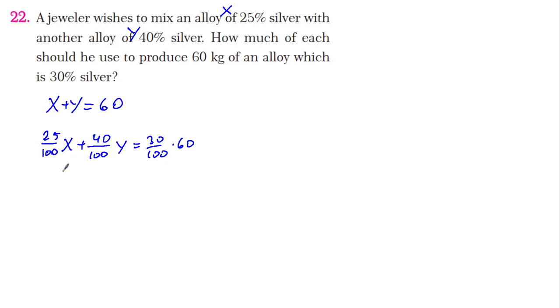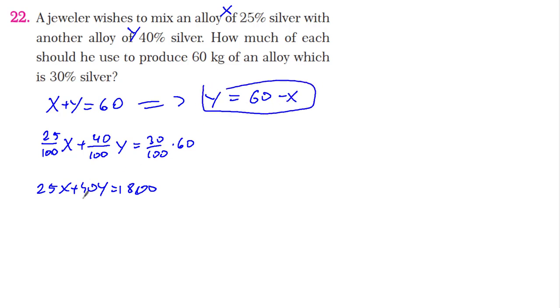The rest is practically substituting here and simplifying. We can multiply by 100, so you'll get 25x plus 40y is 1800. From here you get that y is 60 minus x. Make this substitution here and you can solve it.